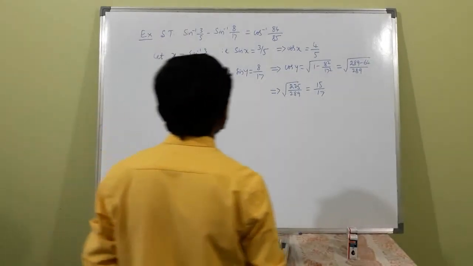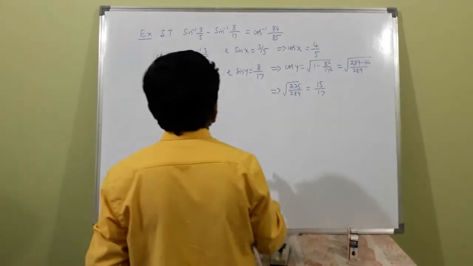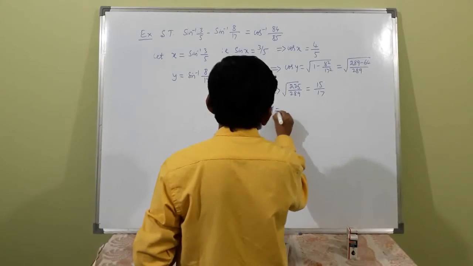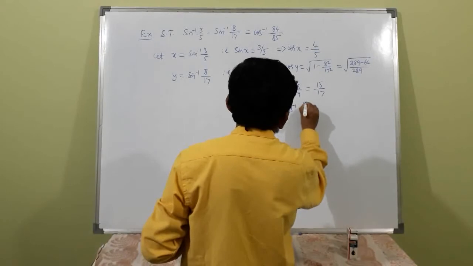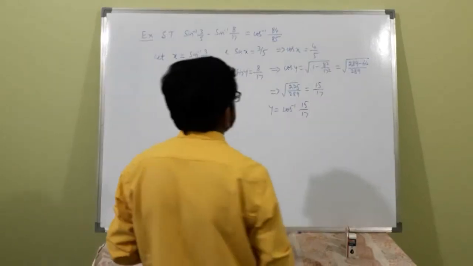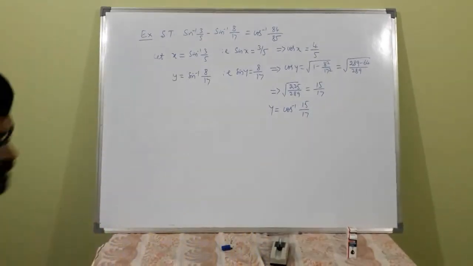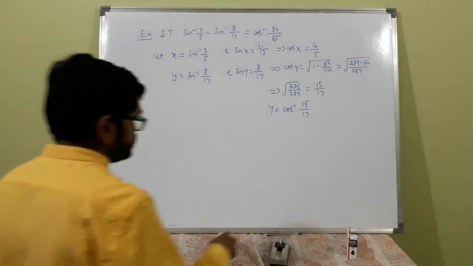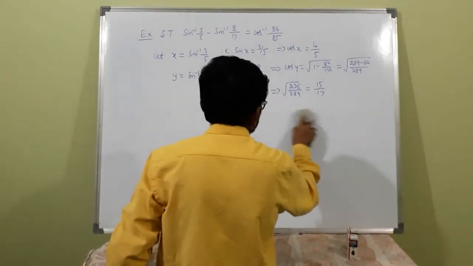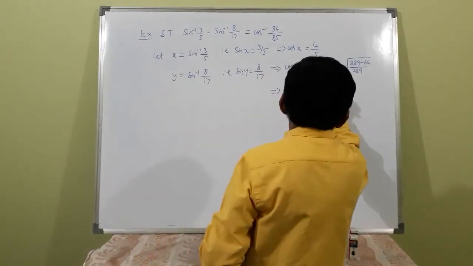Okay, so y is equal to cos inverse of 15 by 17. It may be correct, but you need not find this one. This is cos y.